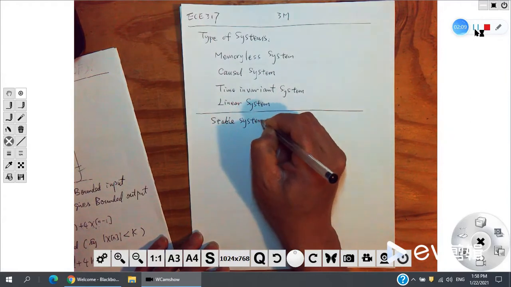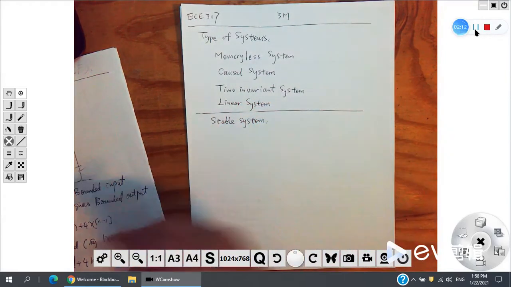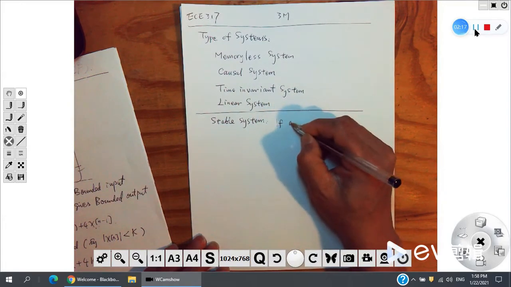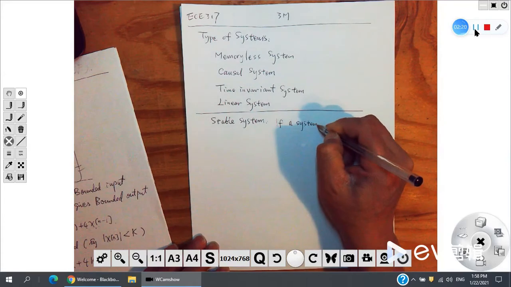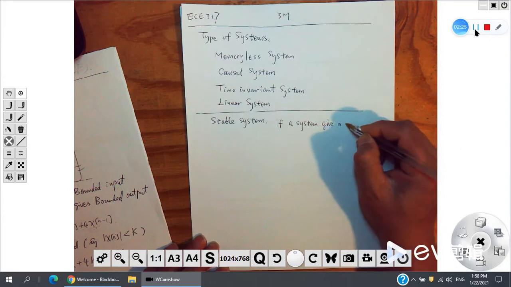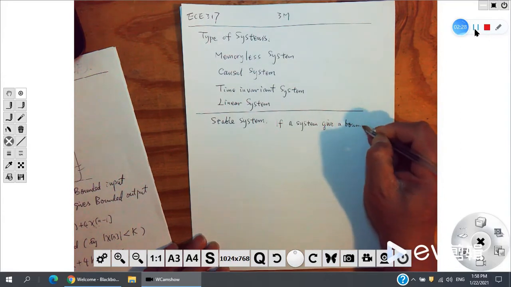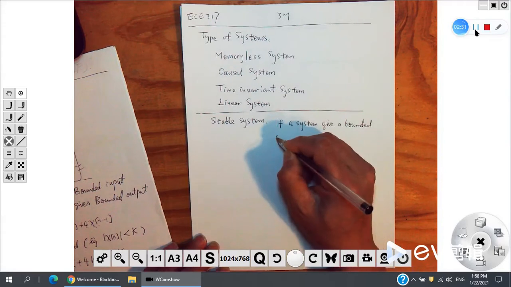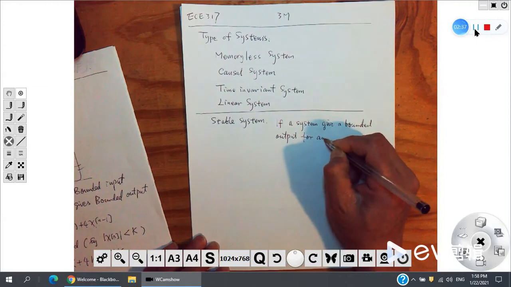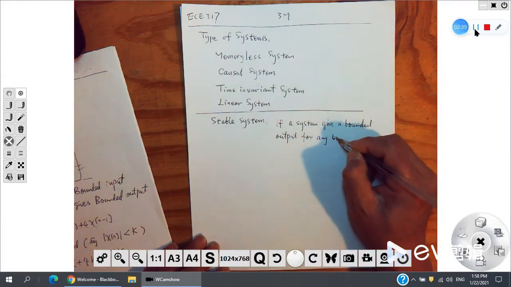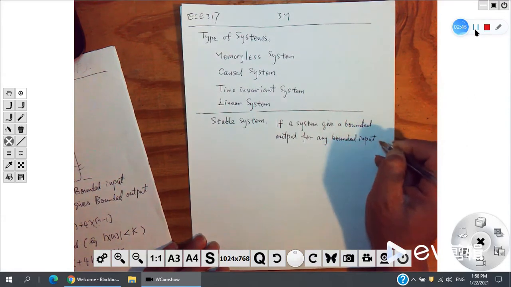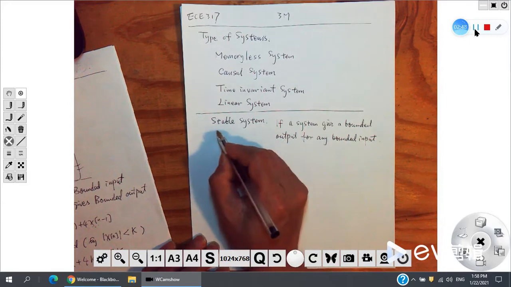Stable system. The meaning is, if a system gives a bounded output for any bounded input, then the system is a stable system.